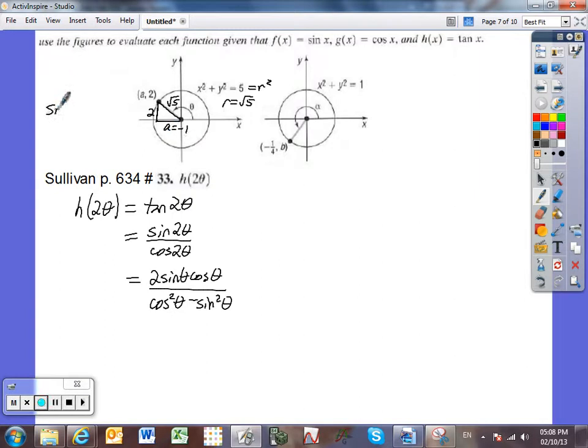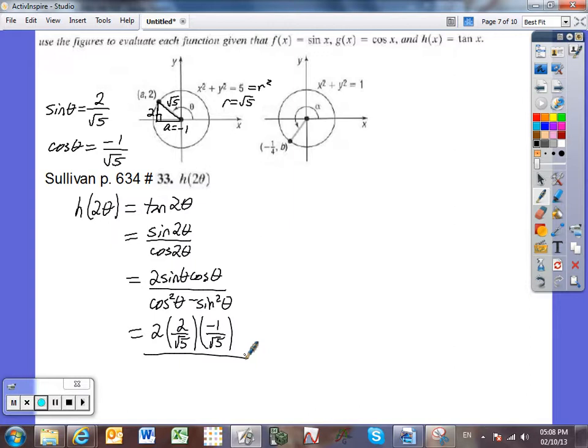And so then the sine of theta must be the opposite side over the hypotenuse, while the cosine of theta is going to equal the adjacent side over the hypotenuse. So now I should be able to substitute these values in. Sine, cosine, and the denominator, cosine squared and sine squared.